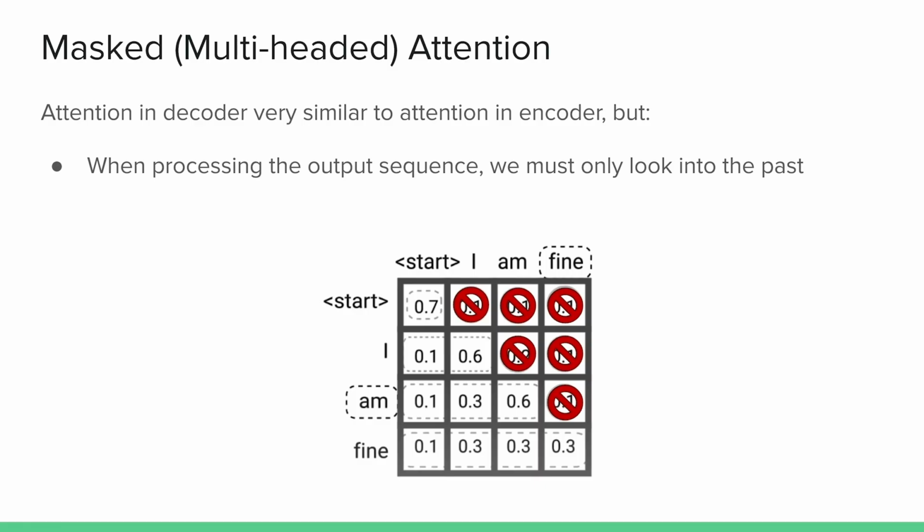So all of those words from our output sequence here will be omitted. When we have access to the word "I," we can learn how it relates to the start, what it saw before, and the word "I" itself. When we're at the word "am," it can access all of the information it saw before. So we're only allowed to take a look at the past. How do we do this?